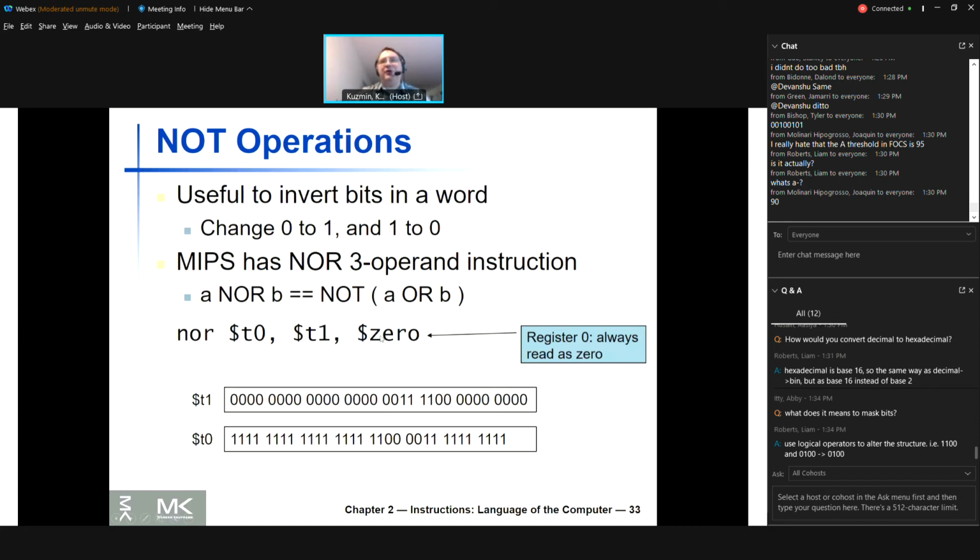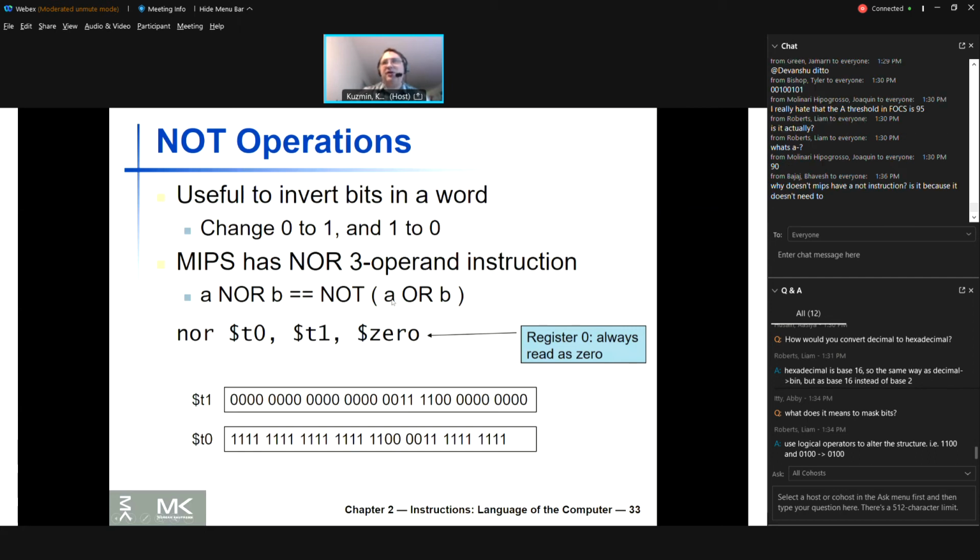That's another use for our 0 register. So if we OR with 0, it doesn't change the value of the other operand. So A OR 0 is A always. And then we apply NOT to the result. So effectively, we are doing NOT A in this case.